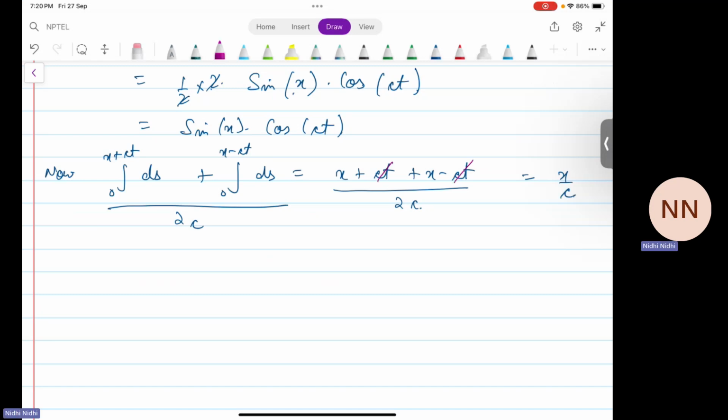This gets cancelled out. Therefore, uxt is sin x cos ct plus x by c.